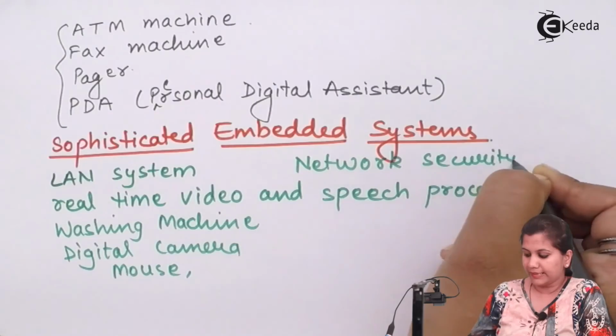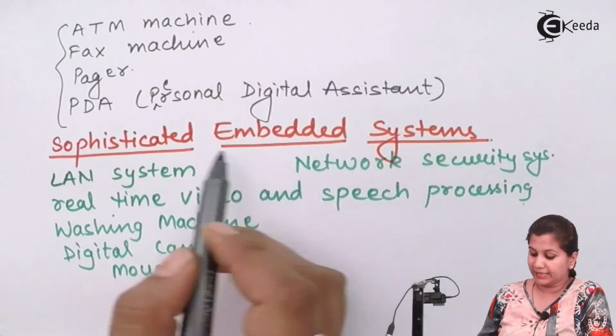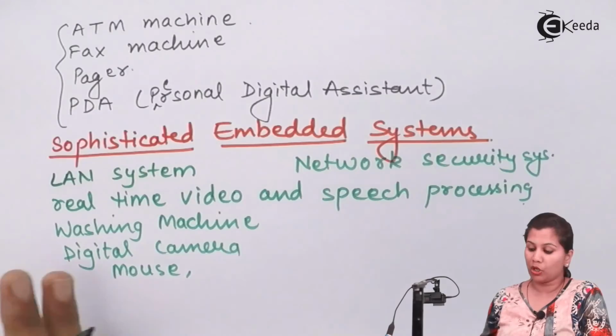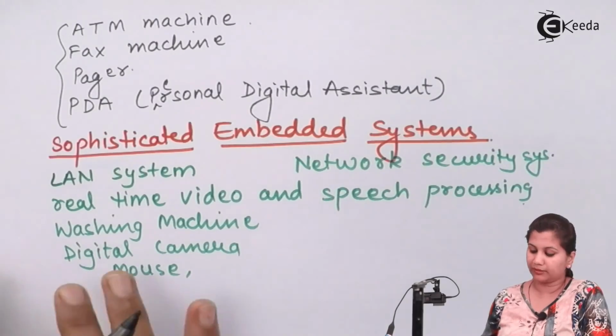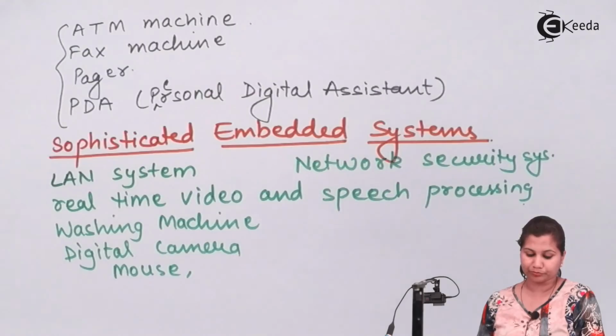All are examples of sophisticated embedded systems. In such systems, we need processors which are used for specific applications. Also, the requirement of memory, hardware and software is more in these sophisticated embedded systems.